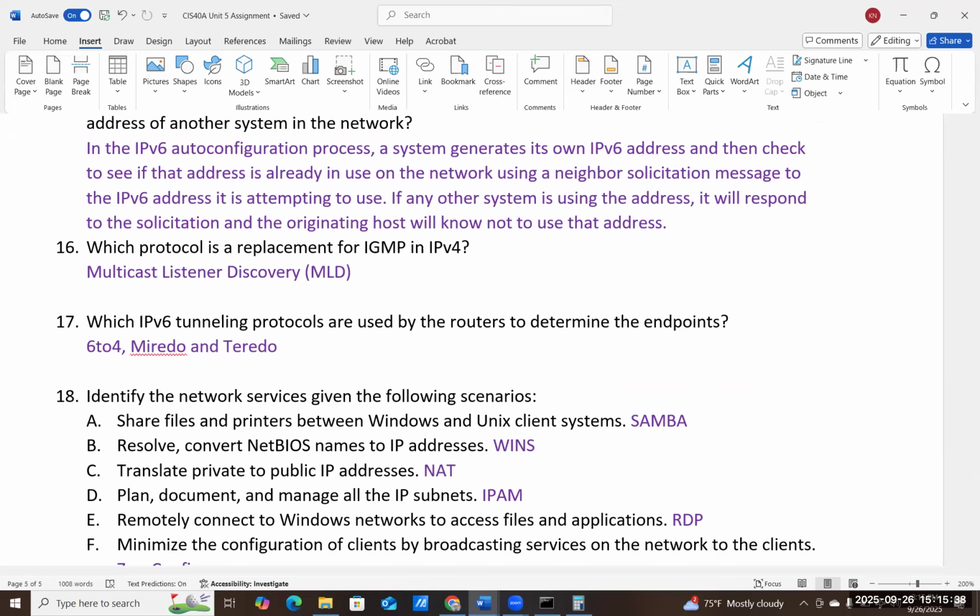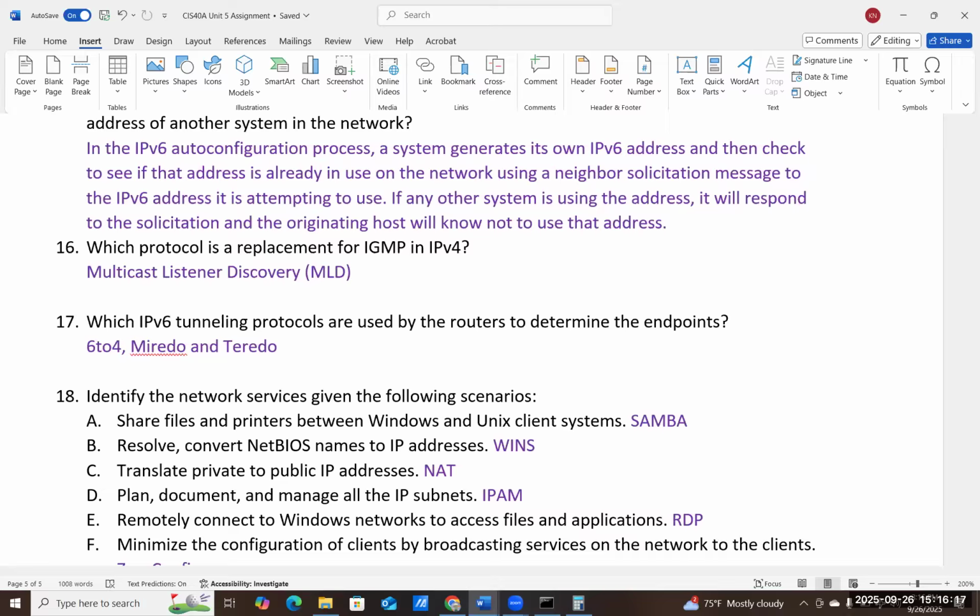so in IGMP, you heard about Internet Group Management Protocol, it is really focused on multicast, right? The protocol that replaced IGMP in IPv6 is what's called MLD, which is multicast listener discovery. The intention for the protocol was to be able to target a specific group of systems by sending it information, could be instructions or information or data.